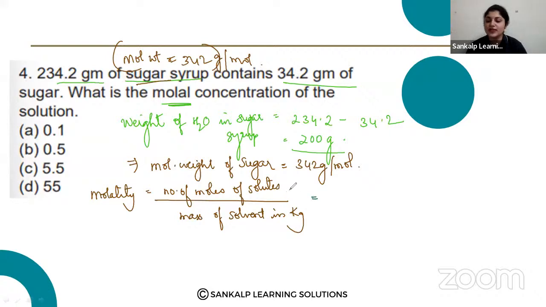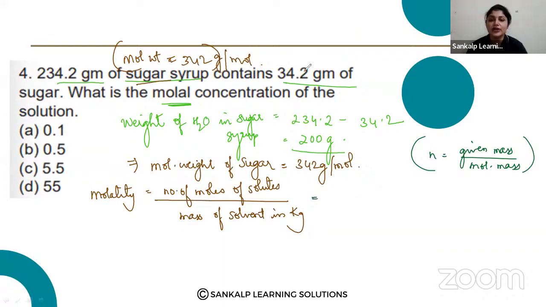Number of moles of solute is given mass upon molecular mass. So this is to calculate the number of moles: given mass upon molecular weight.